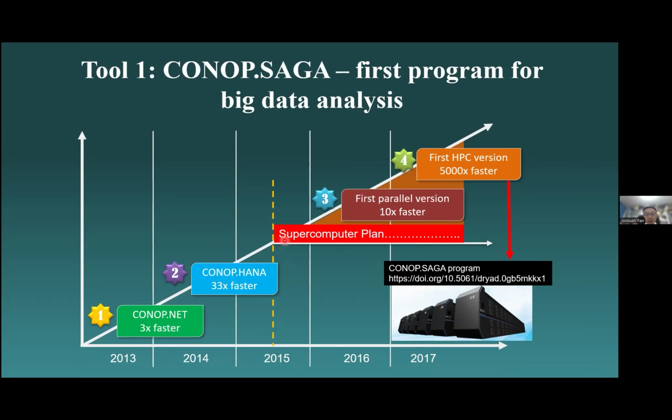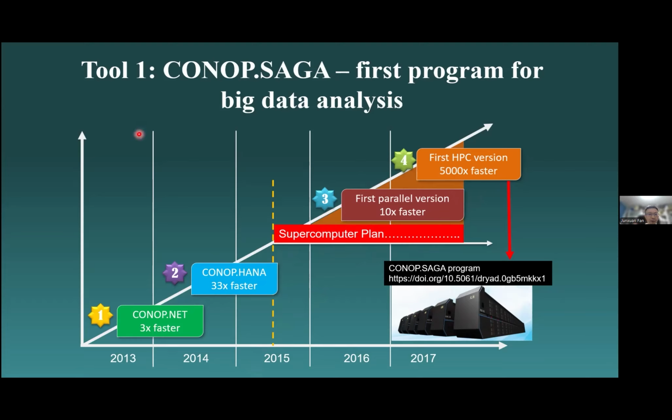So we started the supercomputer plan in 2015, and we spent about 2 years to make it available on the supercomputer in China. When we use 10,000 CPU cores, the program can be about 5,000 times faster than the original CONOP program designed by Peter Sadler.